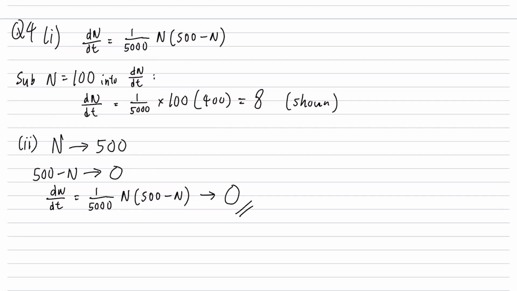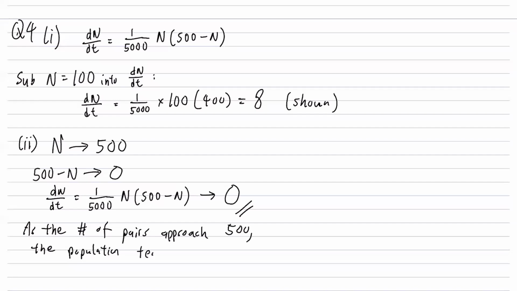Or in other words, interpret. So we must write the story. You can say, as the number of pairs approaches 500, the population tends towards 0, or they are going to go extinct.